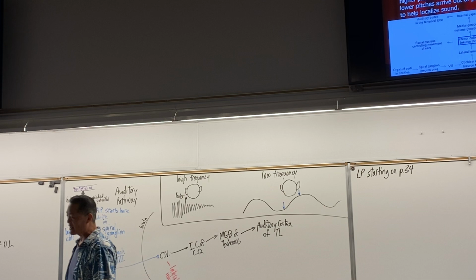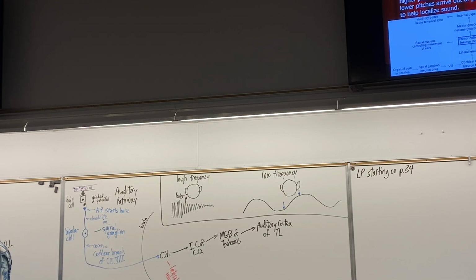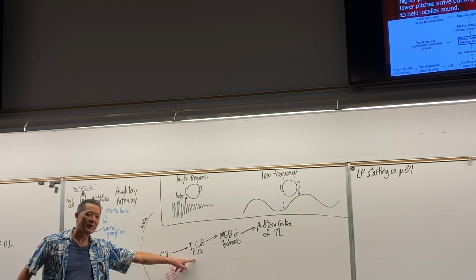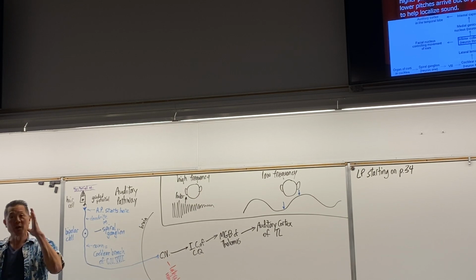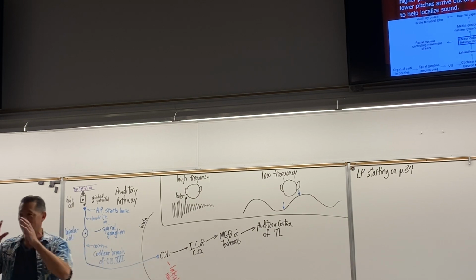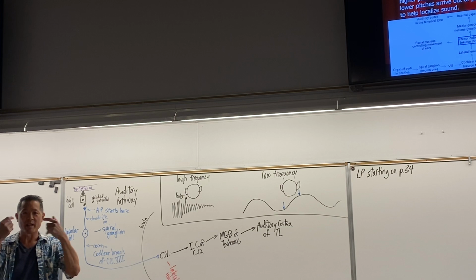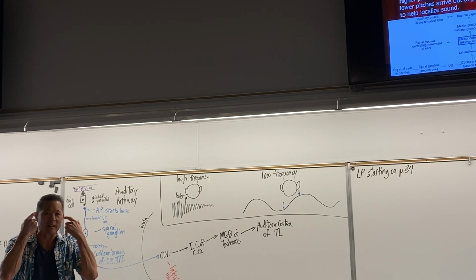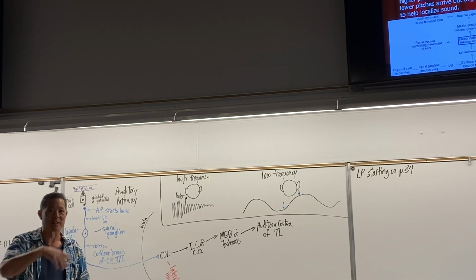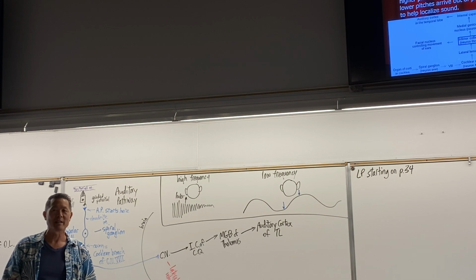So what does the inferior colliculi do? It turns your head. If it's a high frequency sound, it'll turn your head until the volumes are equal right and left, and you could see maybe where the sound's coming from. Everybody got it?